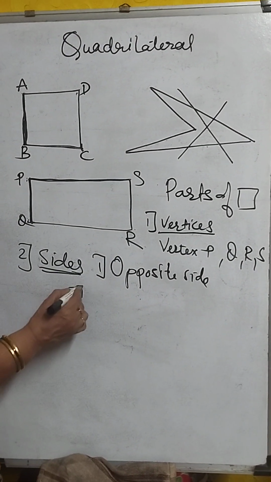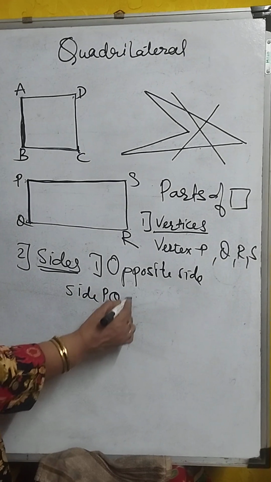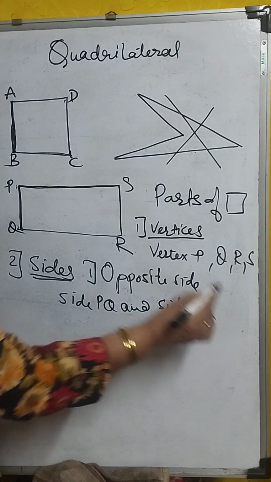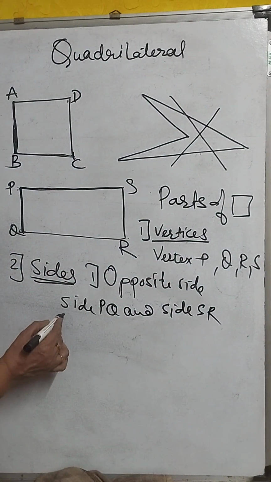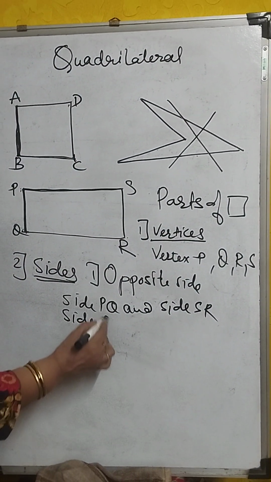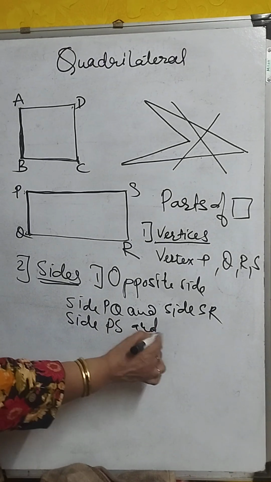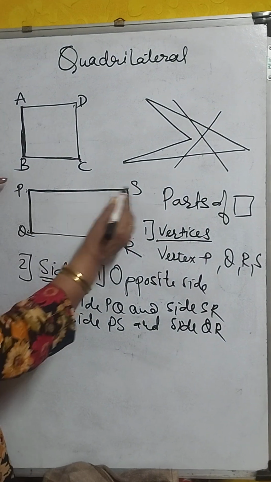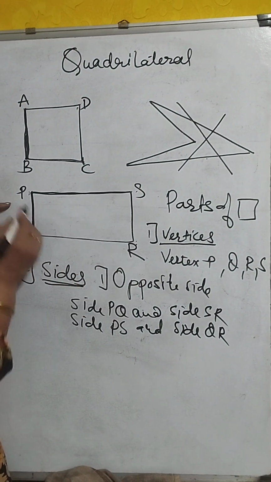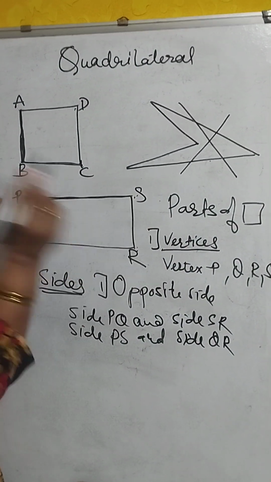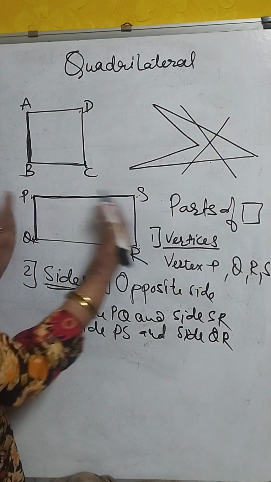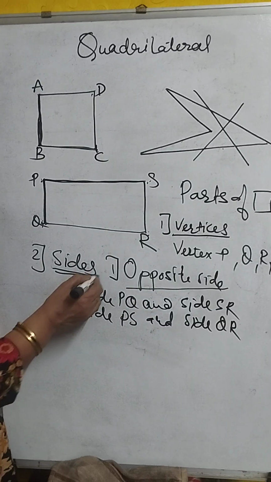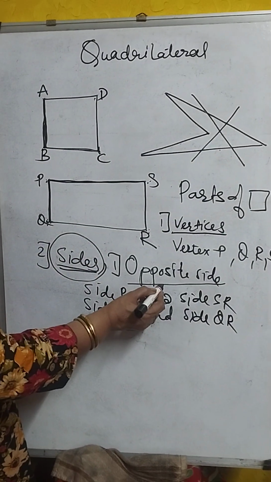So side PQ and side SR, as well as one more pair, side PS and side QR. These are opposite to each other. In sides, there are opposite sides.